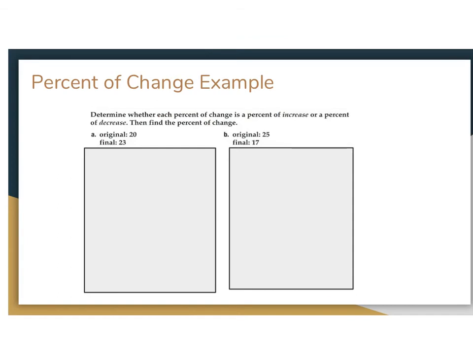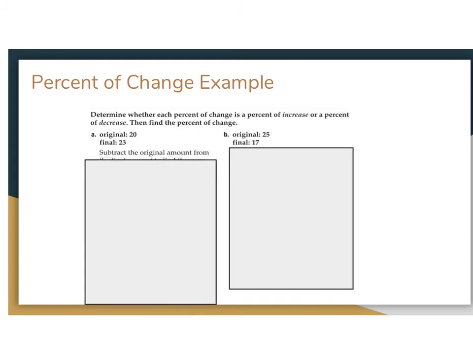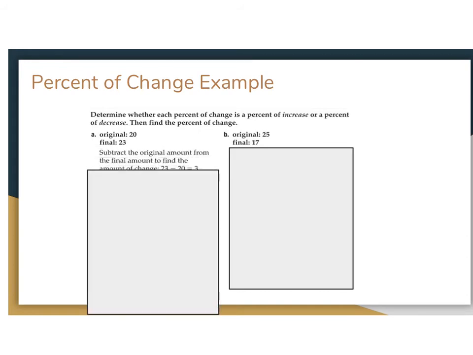So let's look at a few examples together. Determine whether each percent of change is a percent of increase or a percent of decrease, and then find the percentage of change. We have our original is 20 and our final is 23. We subtract the original amount from the final amount to find the amount of change, which we see here is 3.